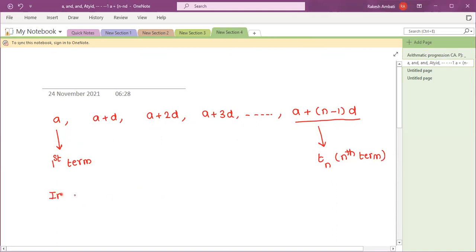Therefore, how to find the nth term in arithmetic progression?